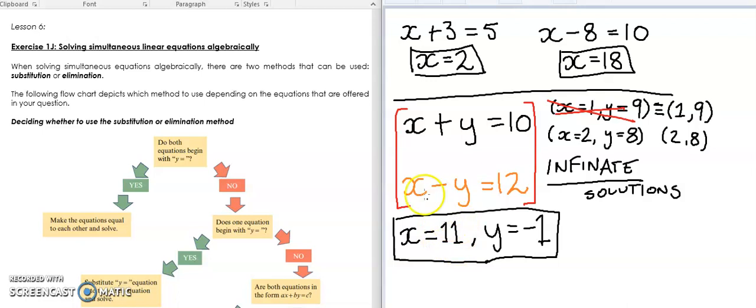Because when I substitute 11 into here and -1 into here, this will give me 11 plus -1. When a plus and a minus are put together, it will give me a negative. So 11 take away 1 gives me 10, so that works. And 11 minus -1, when two minuses are put together, this will give me a positive. So 11 plus 1 will give me 12. So this pair of solutions is the only pair that will work for this set of equations.